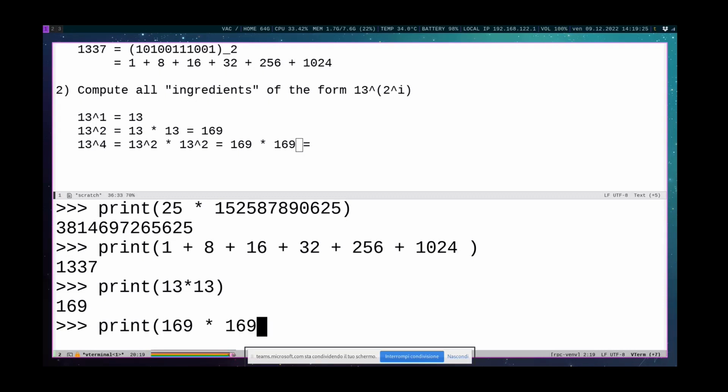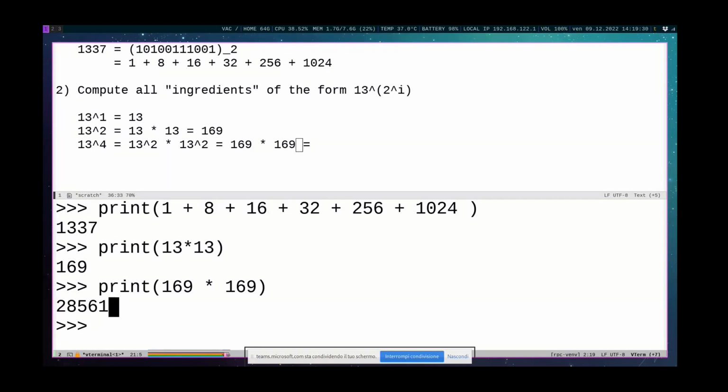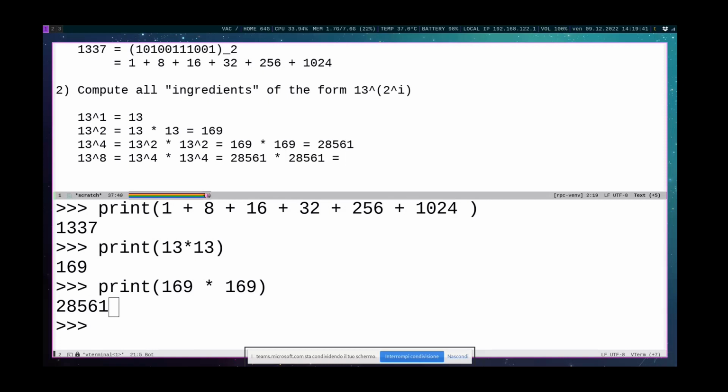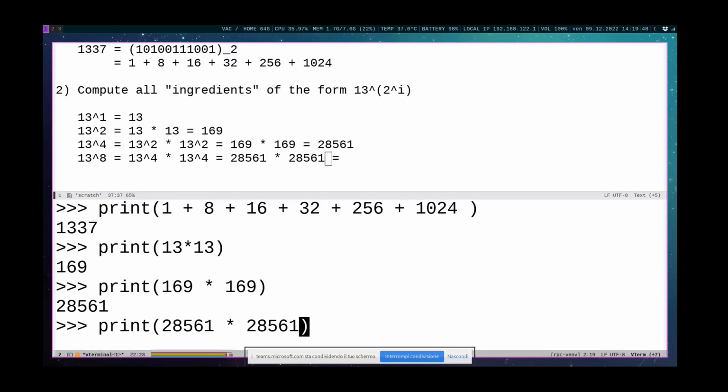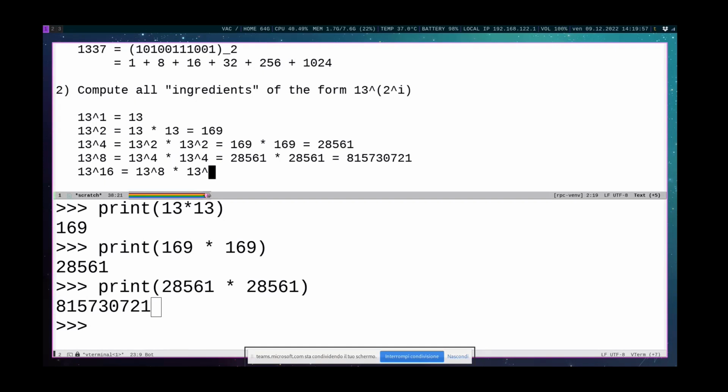Print this. Then we do 13 to the 8, which is 13 to the 4 times 13 to the 4. We just repeat the same idea. Print. Then we do 13 to the 16, which is 13 to the 8 times 13 to the 8.